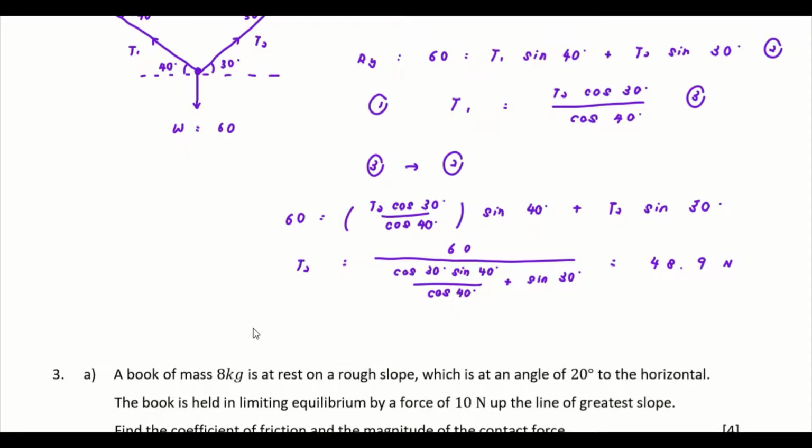Okay, so from your equation 3, then substitute your answer, so you'll be able to get, I'm not going to rewrite everything, okay. 48.9 cos 30, then over cos 40. So from here, then you'll be able to get your T1, which is 55.3 Newton.